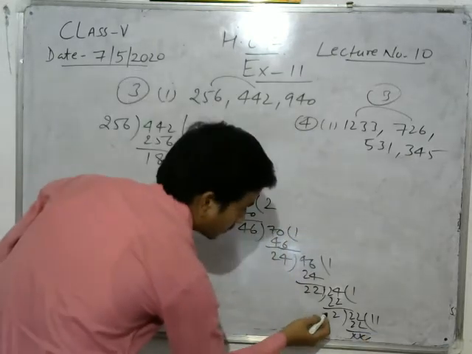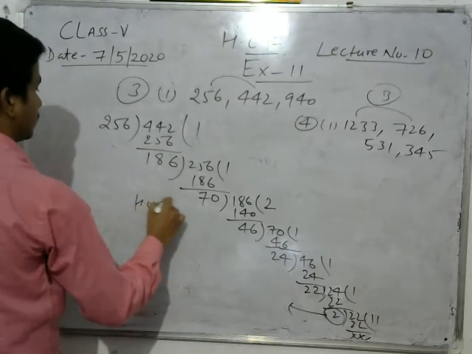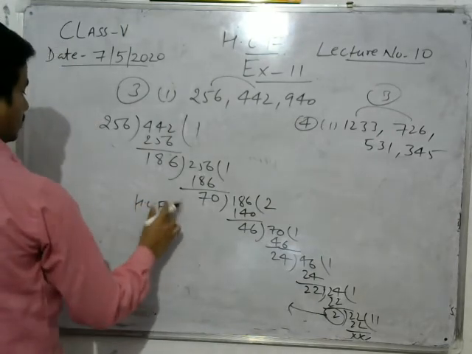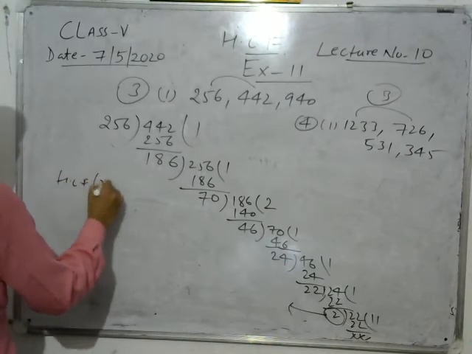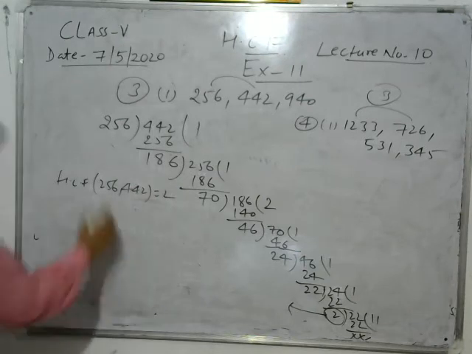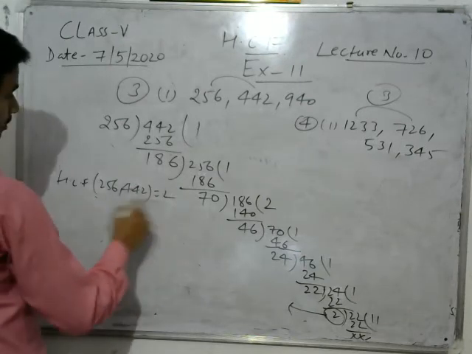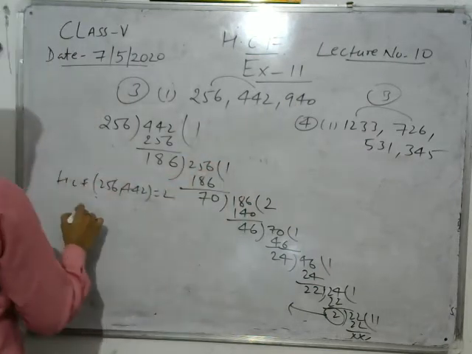So our HCF is this 2. HCF of 256 and 442 is equal to 2. Now we will find the HCF of 2 and 940.